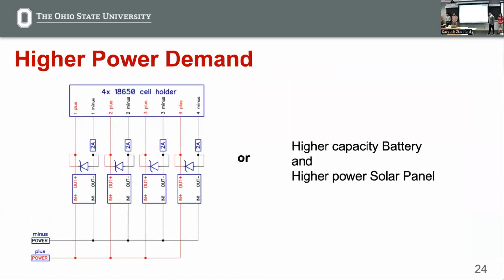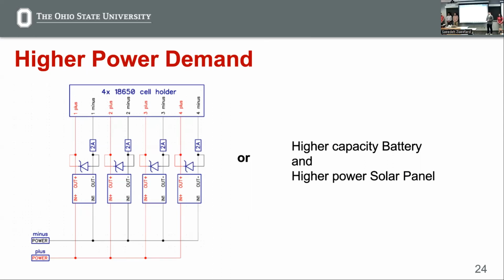So this is when we need higher power. For the prototyping, the first choice we use is to put several batteries together, like shown here in the circuit. So here is the charger module, and this is the diode, and this is the fuse. The diode here is for the reverse current protection.